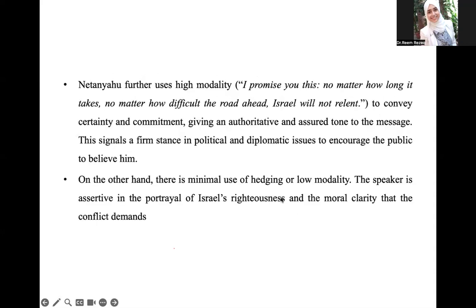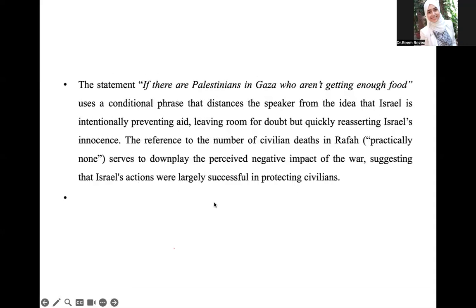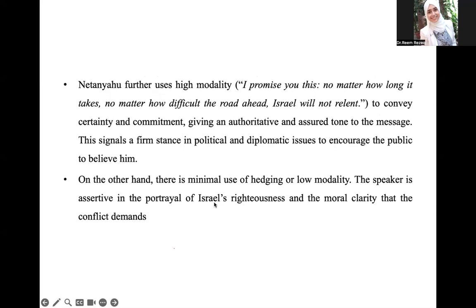So here is also another statement in which Netanyahu further uses high modality. I promise you this, no matter how long it takes, no matter how difficult the road ahead, Israel will not relent. So here he conveys certainty and commitment towards his people.